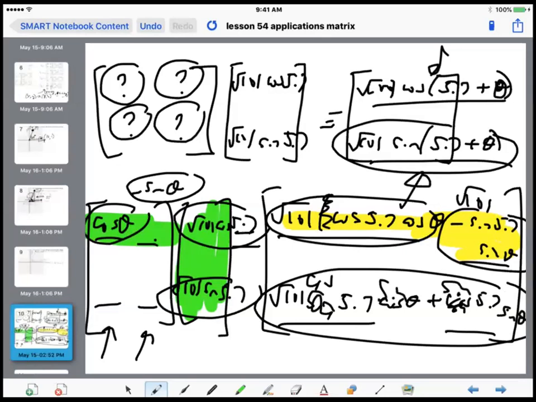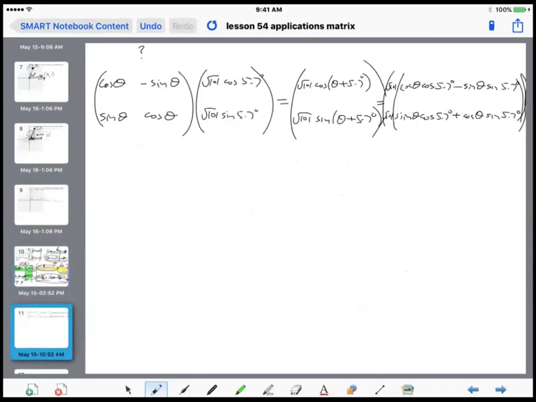My goal is to get square root of 101 cosine 5.7 times sine theta, and yes, sine theta cosine theta. And that gives us the big formula.